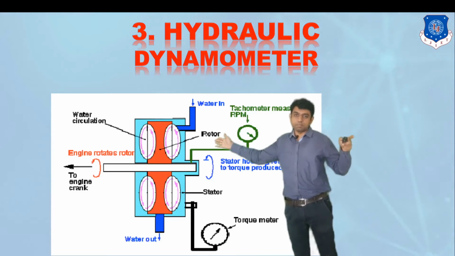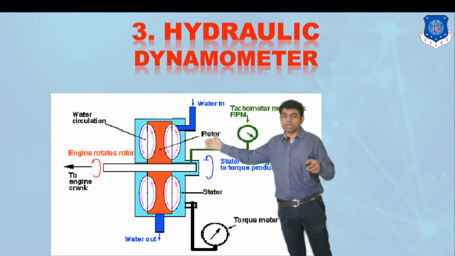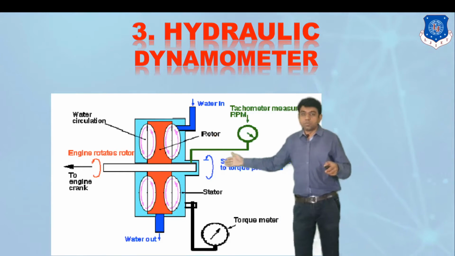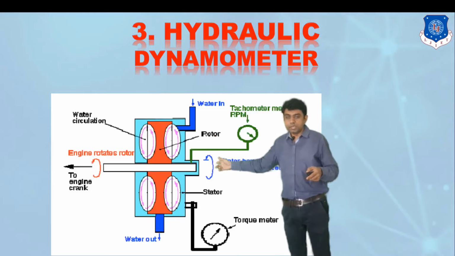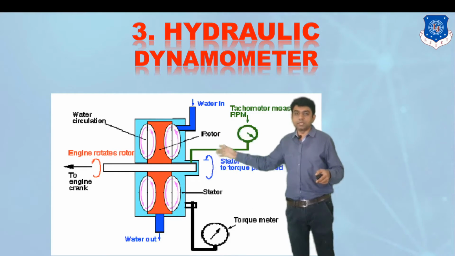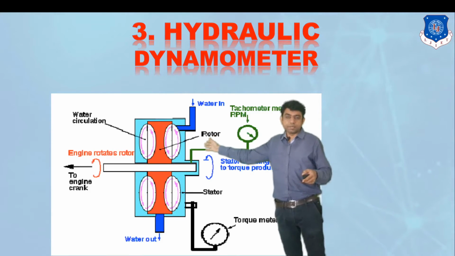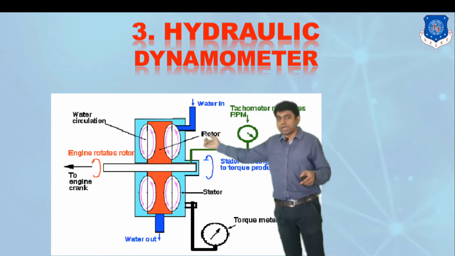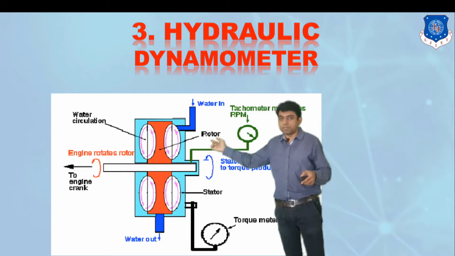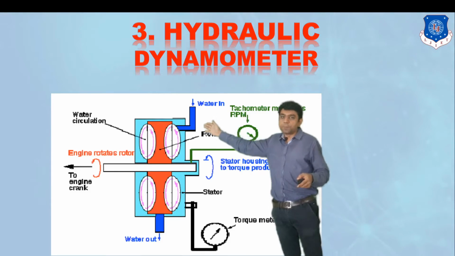In the casing part also you have this cavity, and in the rotor part as well. Once the engine shaft rotates, this red rotor also rotates inside the casing. Between the casing and the rotor we have a spherical groove-like passage, and in that groove water is allowed to pass.